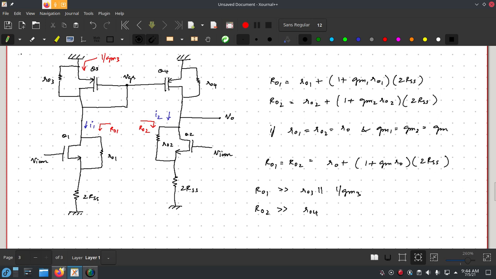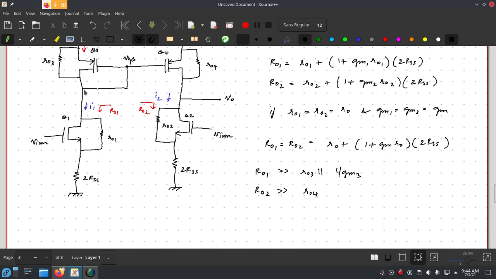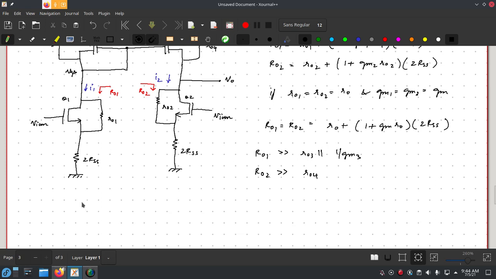VGS. Now VGS here is this value and this value are same, so this is also VGS. So VGS here I can write as minus I1 into R naught 3 parallel 1 by Gm3.